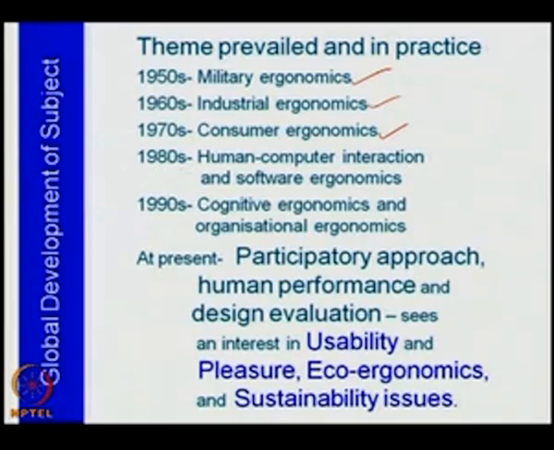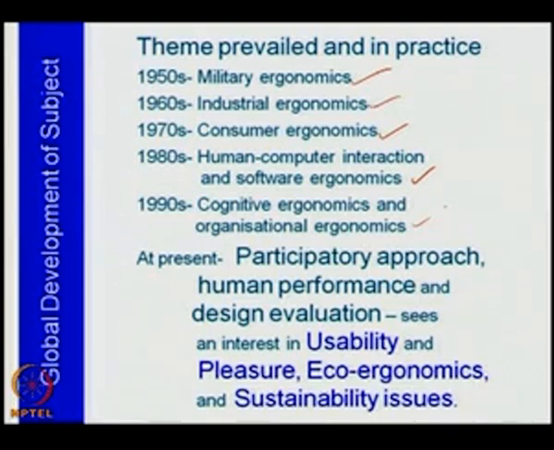In the 1980s, when computers came into the market in full-fledged use, then human computer interaction and software ergonomics took place. So, the findings of those studies have created a database. In the 1990s, cognitive ergonomics and organizational ergonomics were in place.